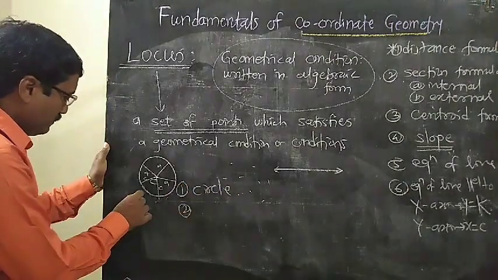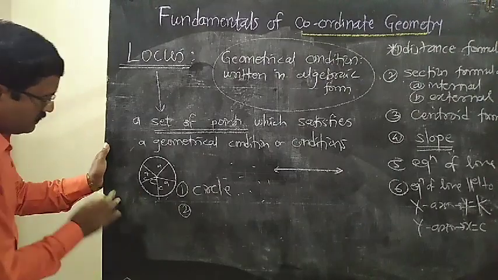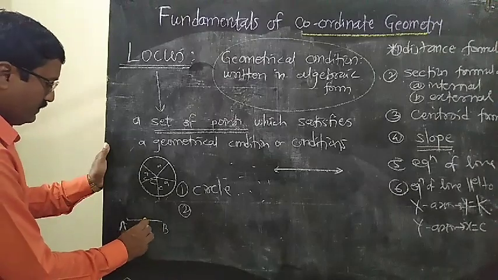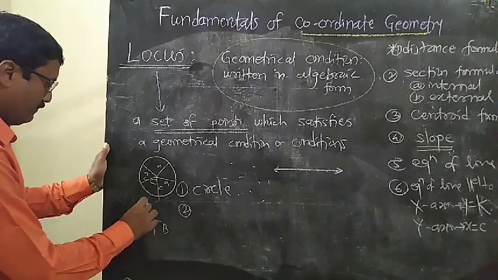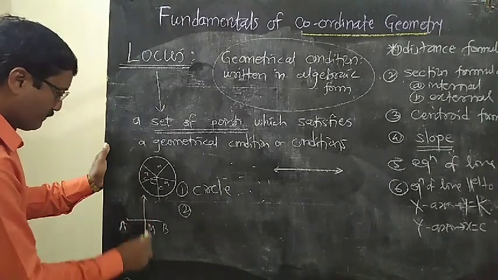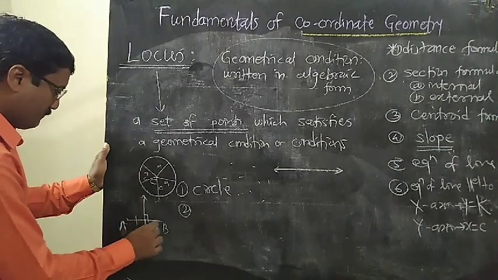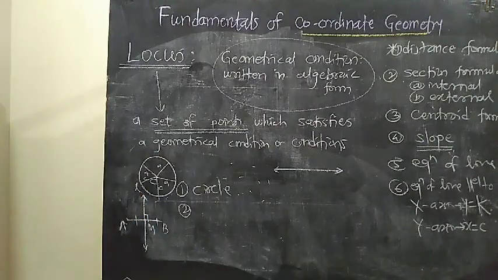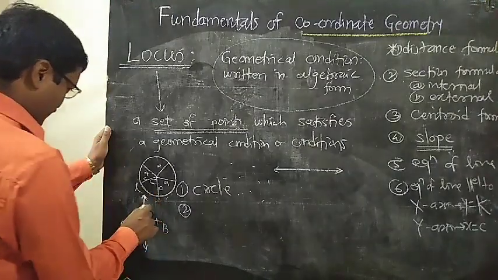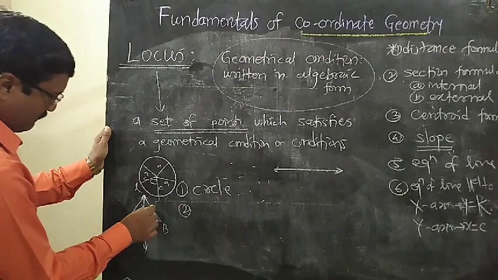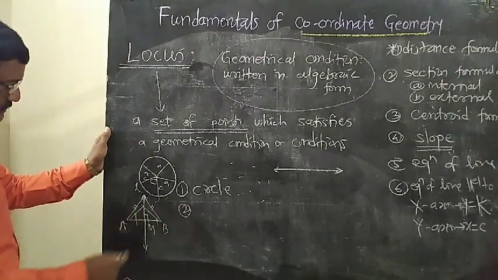Second, if you take segment AB, take its midpoint M, and draw a perpendicular to that, then this line is called the perpendicular bisector, and every point of this perpendicular bisector is equidistant from the two points A and B. This distance and this distance are equal.